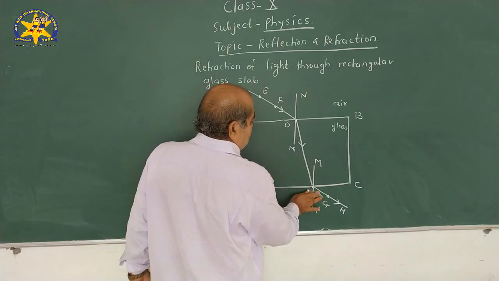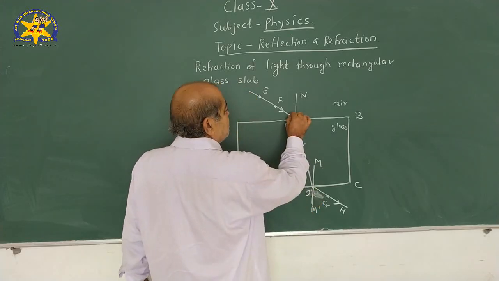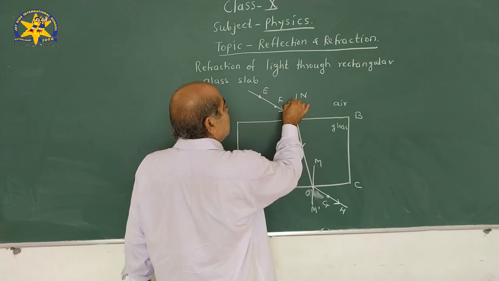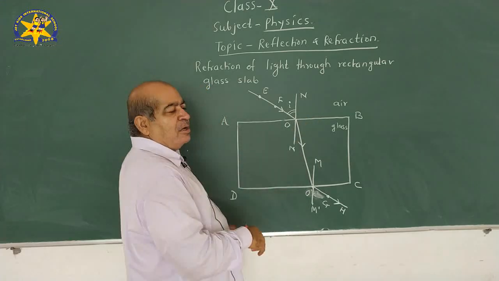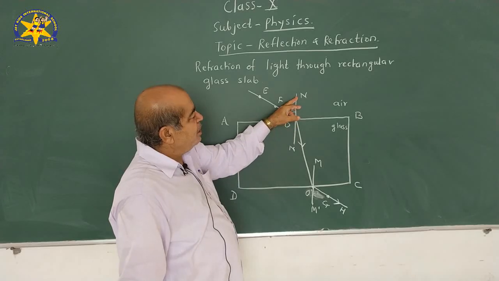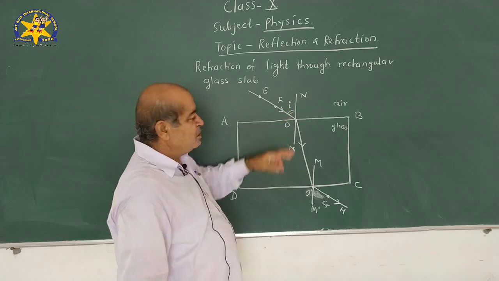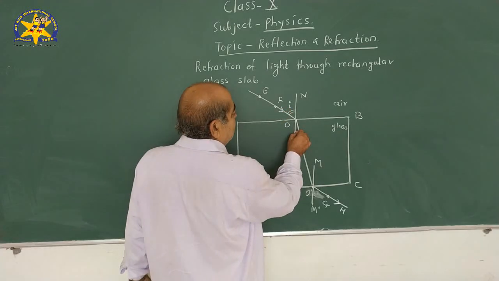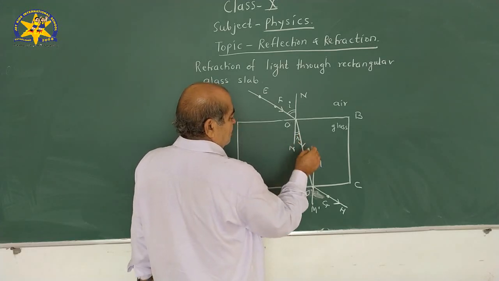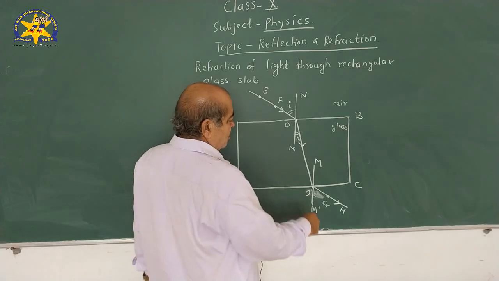The angle between the incident ray and the normal is called the angle of incidence. The angle between the refracted ray and the normal is called the angle of refraction.